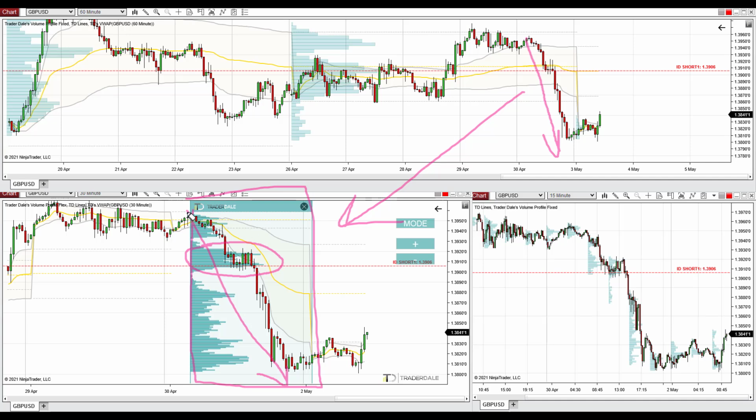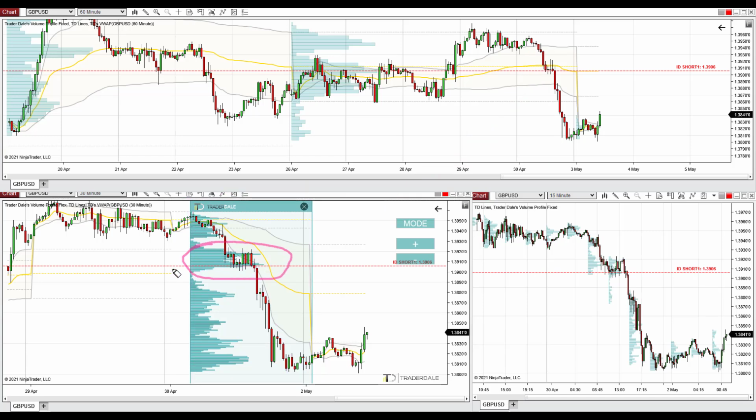So this indicates that as the sellers were pushing the price downwards, they were adding massively to the shorts in this little rotation. Then the aggressive sell-off continued and the price went downwards. So this is obviously a pretty important zone for the sellers, because they placed a lot of their short positions in here. And when there's a pullback, it is pretty likely that those sellers will want to defend this zone and push the price downwards.